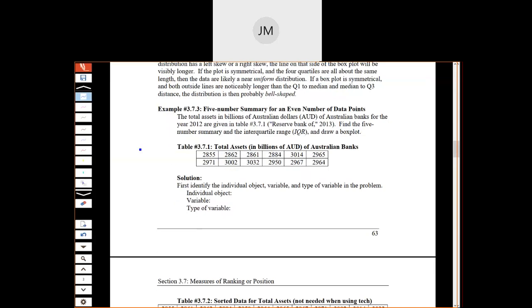Before we get to that, the first thing that we should always do when we're looking at a problem is make sure that we understand the context. So we want to identify what is an object, what is the variable that we're talking about, and what type of variable it is. An individual object, the thing I'm looking at to collect data from, is an Australian bank.